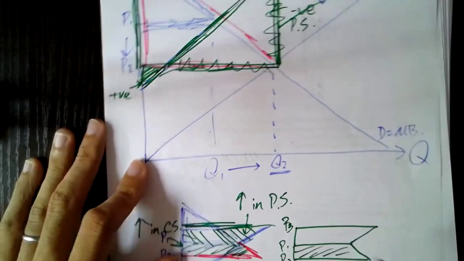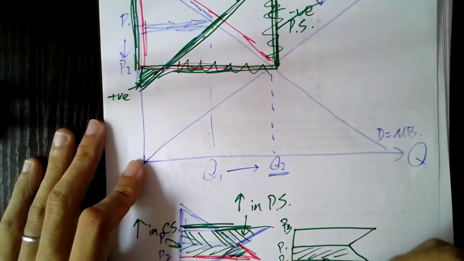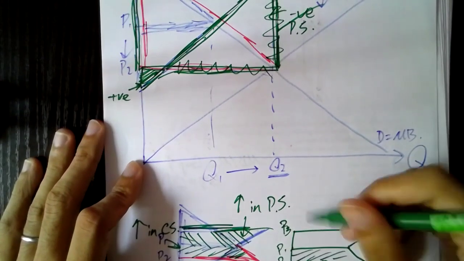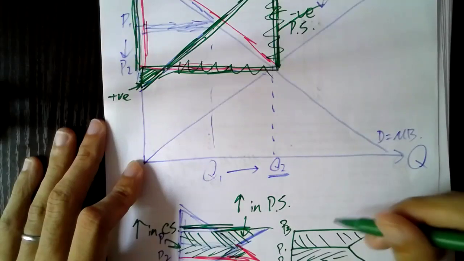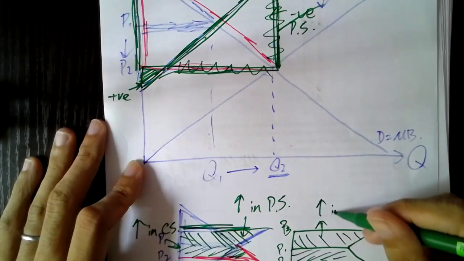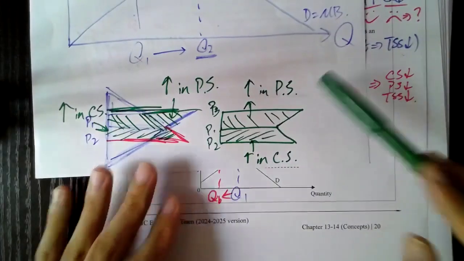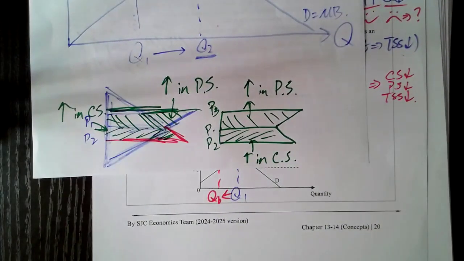Down here, this is an increase in CS. Up here, this is an increase in PS. So the earlier sentence was not wrong. Both consumer surplus and producer surplus will increase. So why doesn't total social surplus rise?